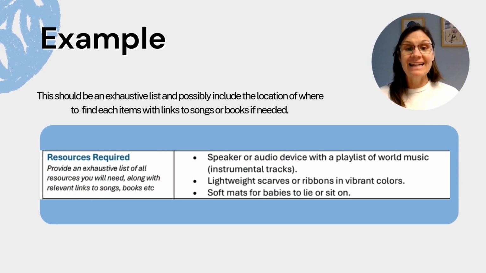So this is actually an example of an activity plan's resources required for an infant activity. We are going to go through all of the aspects of this infant activity: a speaker or audio device with a playlist of world music, instrumental tracks only.